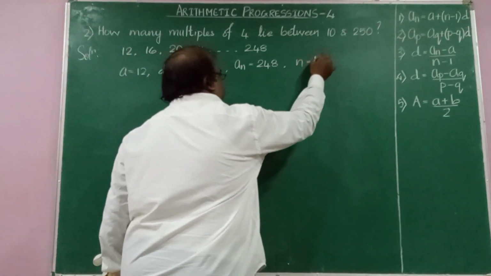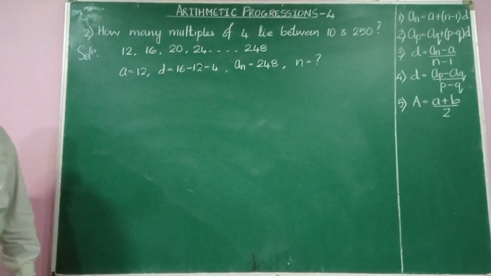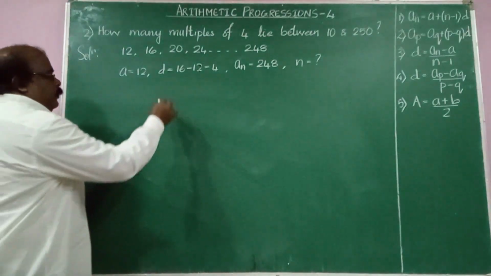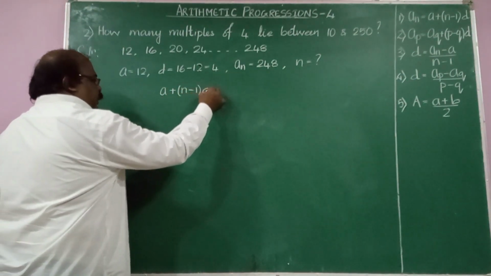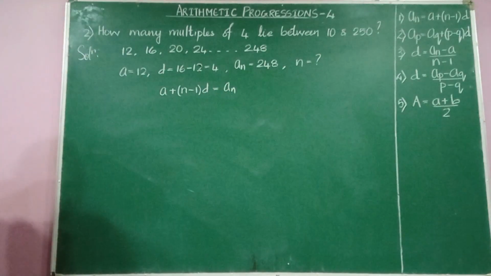So what's going to be the value of n? Once again, I am using the same formula. We know that a plus n minus 1 into d is equal to an.